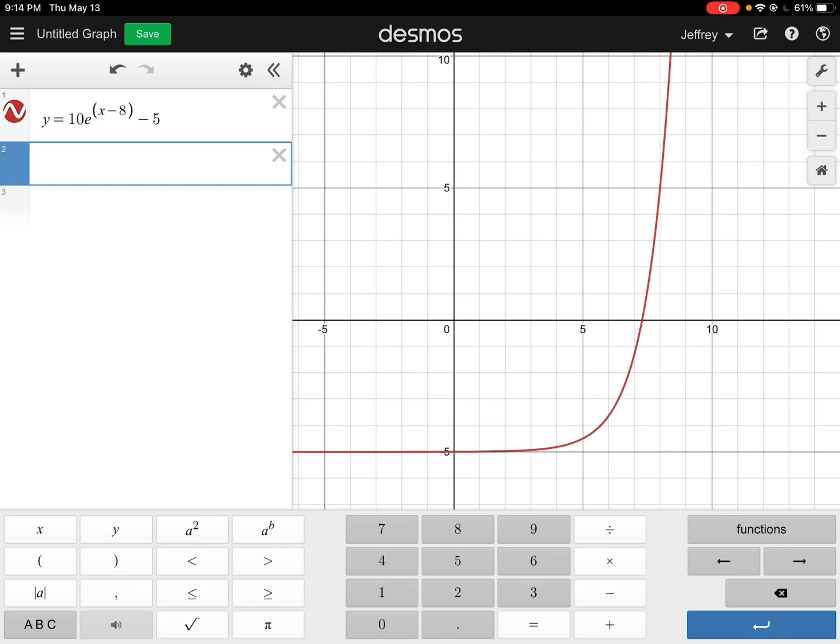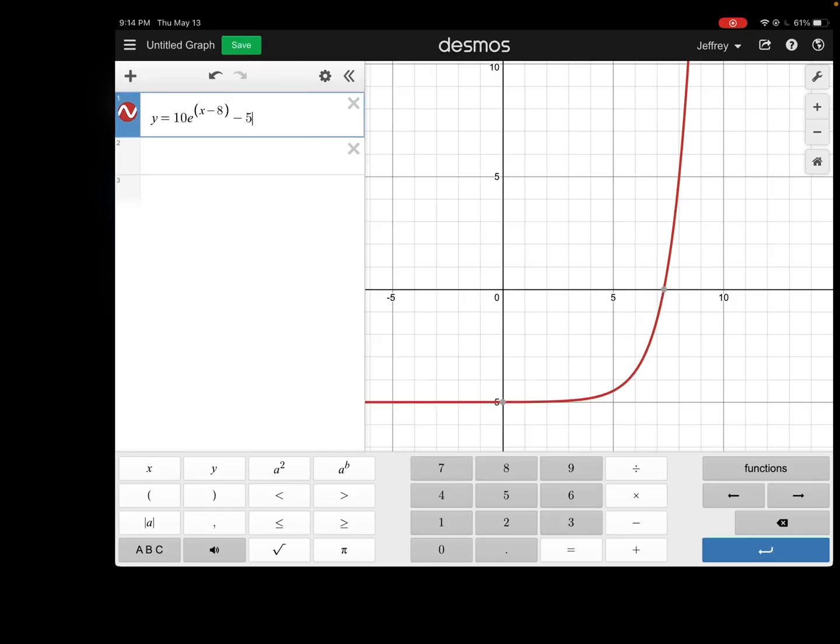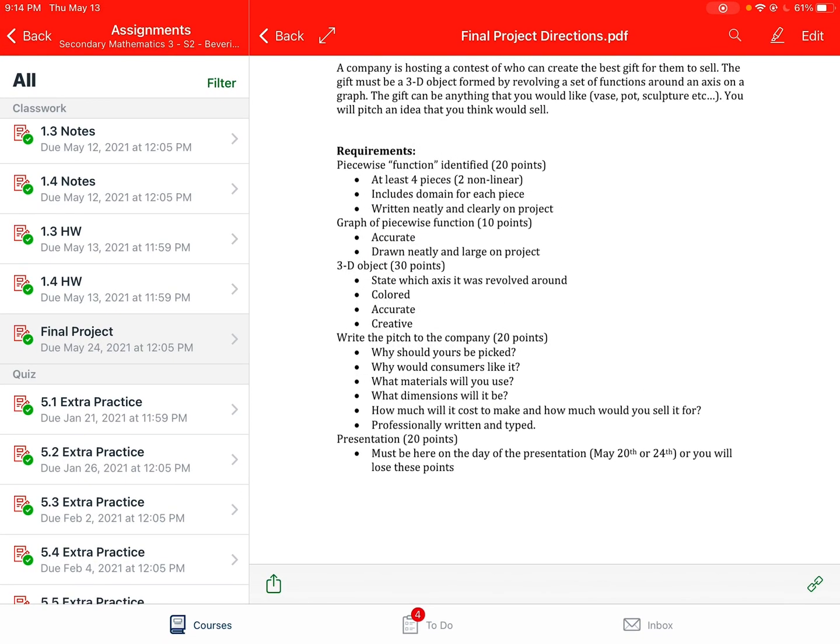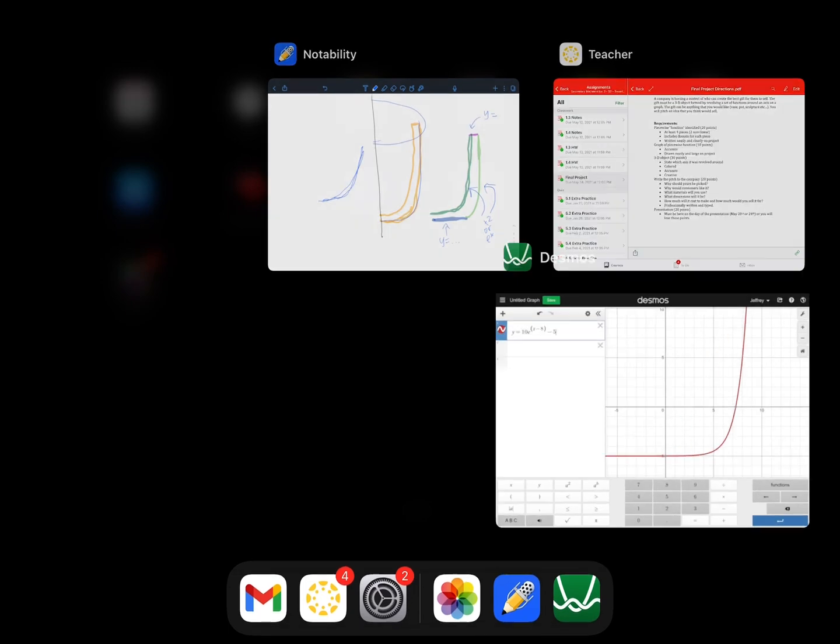Okay. Now, also we need to keep in mind the domain. So in the instructions it says, so let's see, piecewise. So for the first requirement, includes domain for each piece. So I need to make sure that I am including the domain.